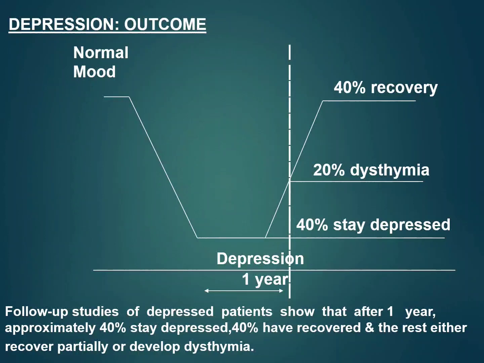Sometimes it's difficult to diagnose depression and dysthymia. To diagnose dysthymia, these kinds of low grade symptoms have to be present for at least 2 years continuously. Then you get the diagnosis of dysthymia.